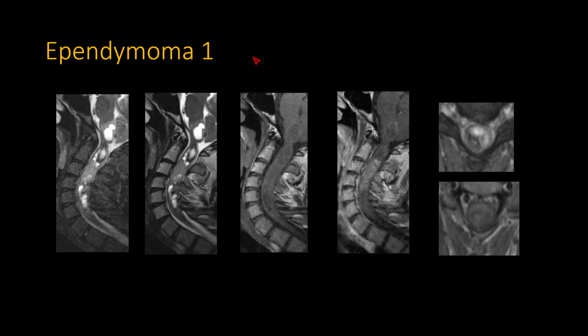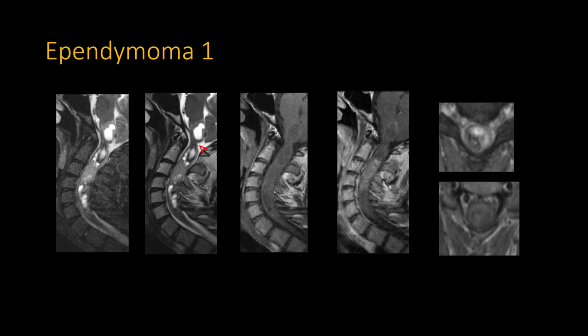So here's a case of an ependymoma, and what's very different about this case compared to all the other inflammatory processes I showed you is just how irregular this thing is. This really looks like there is actually a mass here in the center of the spinal cord signal abnormality, lots of different cysts around it, and some hemorrhage around some of those cysts, the so-called cap sign with these T2 dark areas here.